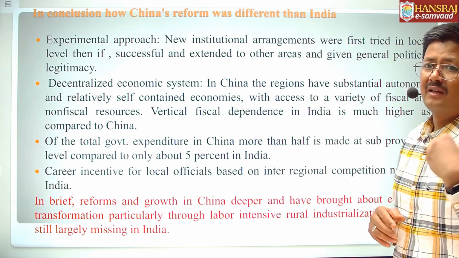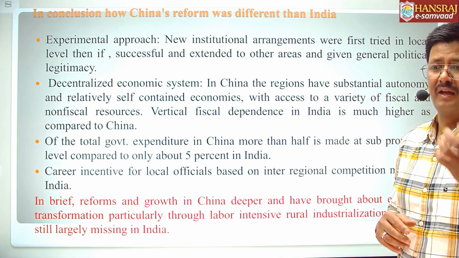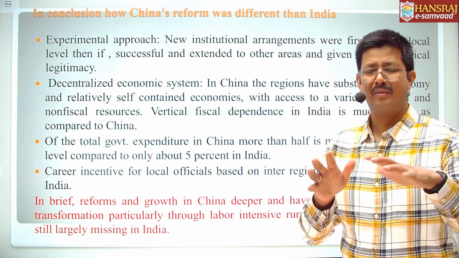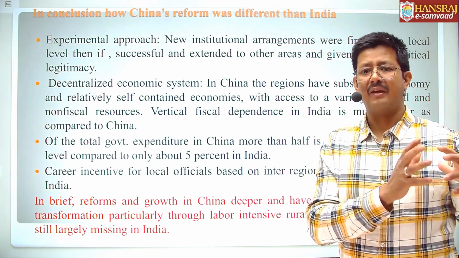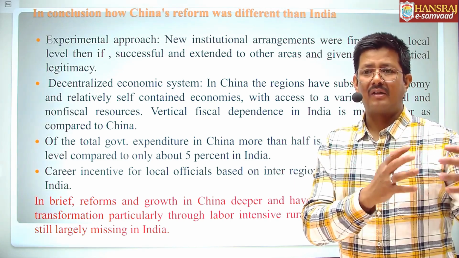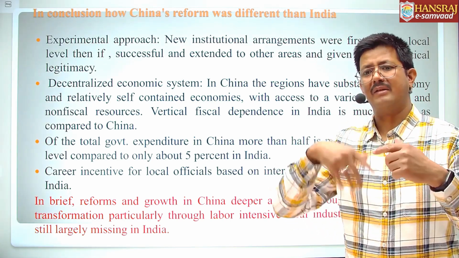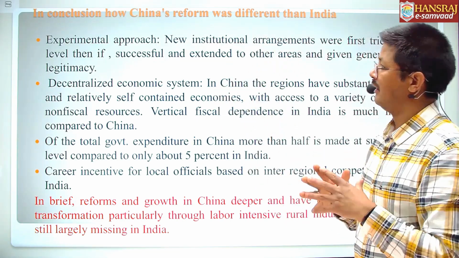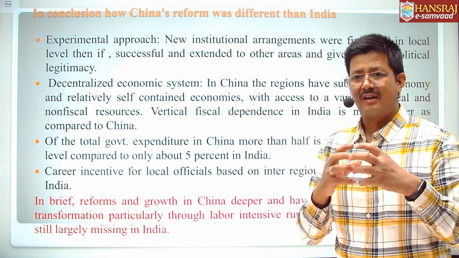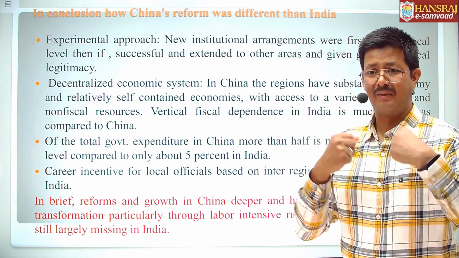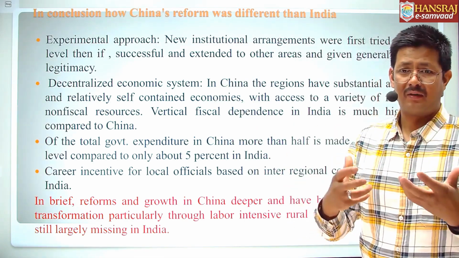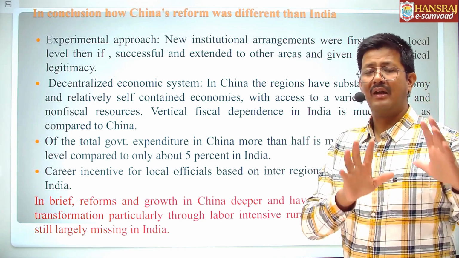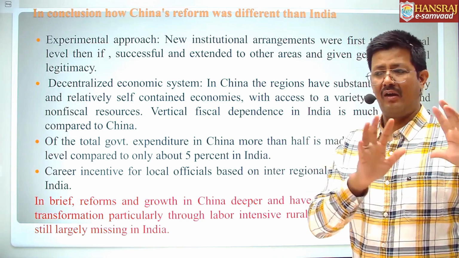First, the experimental approach China adopted: they started reforms at the local level. If they succeeded at the local level, they implemented them at the higher, national level. Second, successful decentralization of economic decision making and fiscal power, which is again much better in China as compared to India.